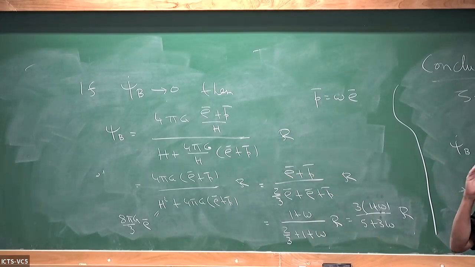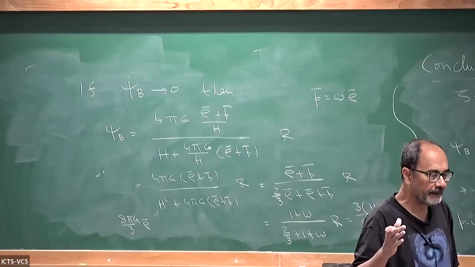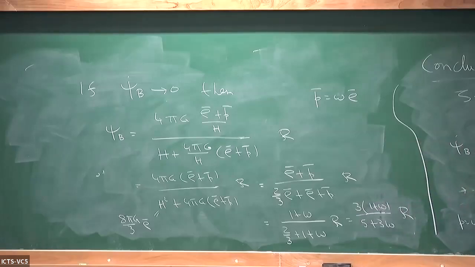This makes it easy to use this formula because last scattering happened during matter domination. So if we want to know what psi b is at the time of last scattering, we use the value of r, which we know because it's constant, running from inflation, and multiply by 3/5. If you want to know what it was in the radiation dominated era, you multiply by half.